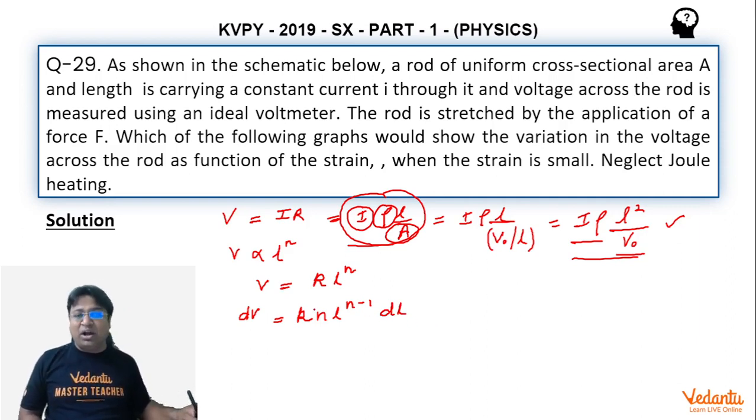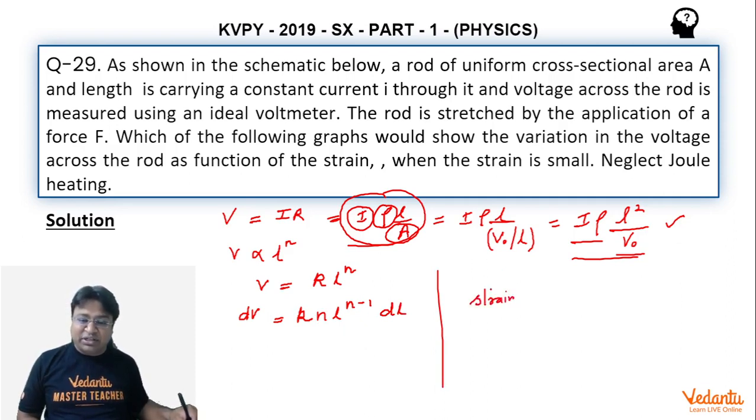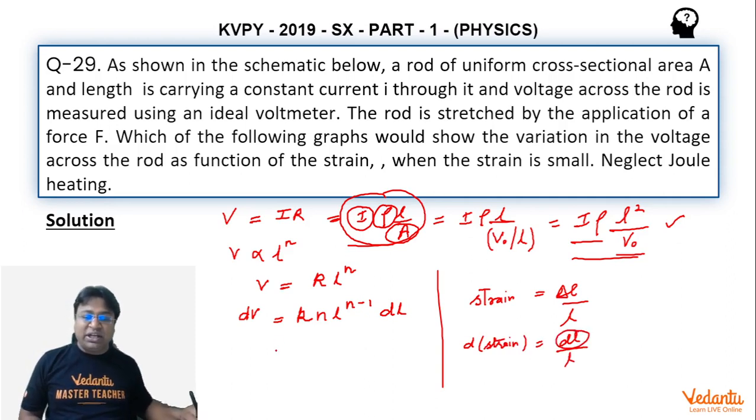Now understand that strain is change in length divided by length. So d of strain equals d of delta L, which is the same as dL, divided by L. So this dL can be replaced by k n L raised to power n minus 1 into L into d of strain.